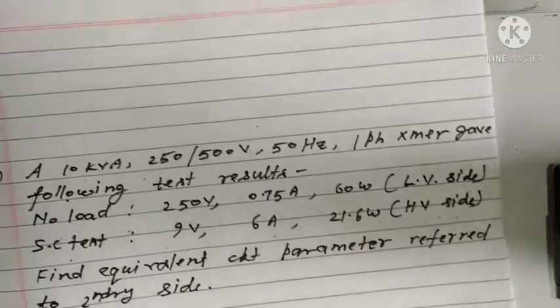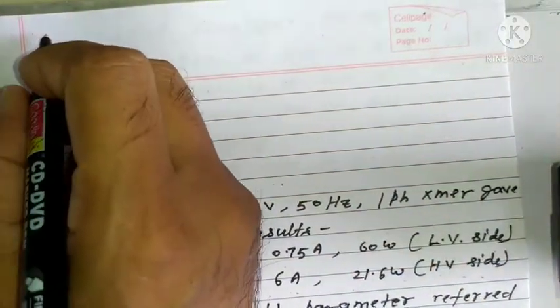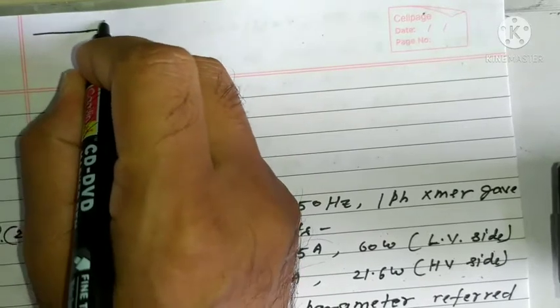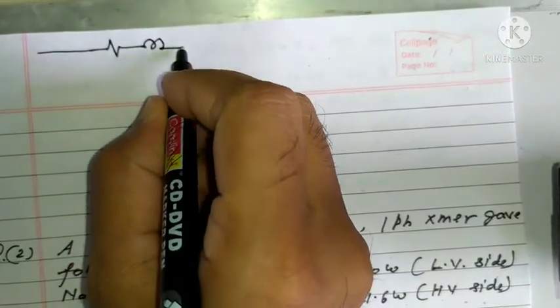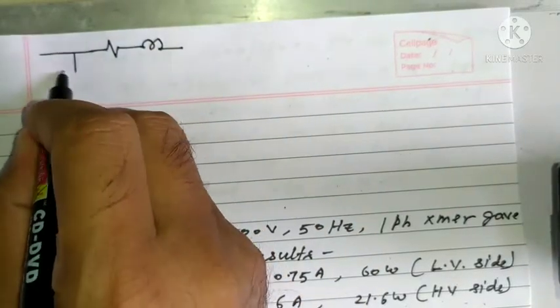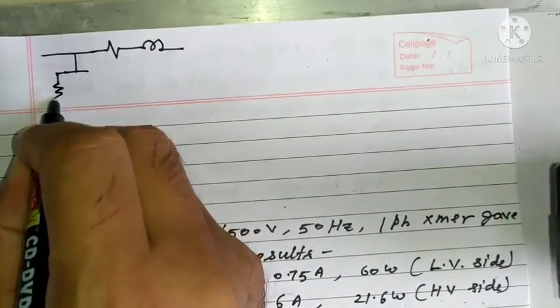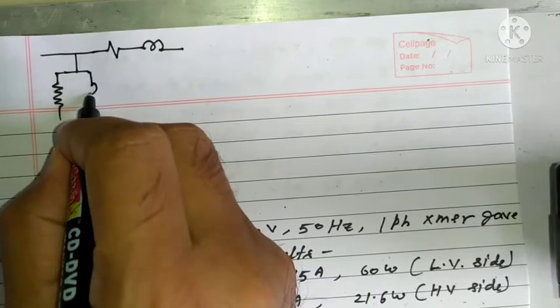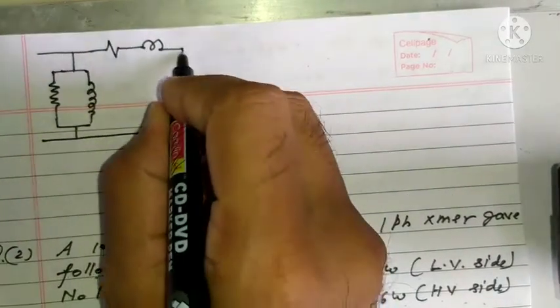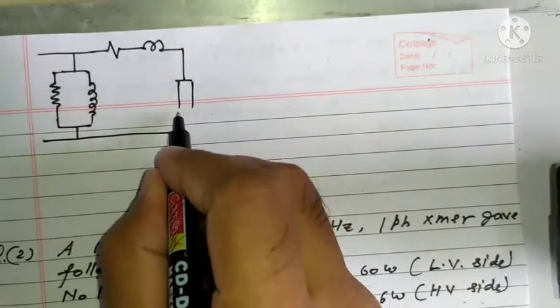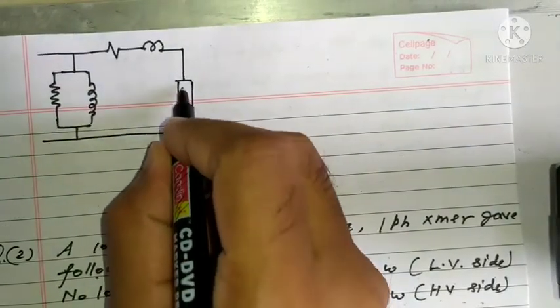So we got the circuit parameters, therefore the equivalent circuit can be drawn. This is the equivalent resistance and this is the equivalent leakage reactance, and we will have the exciting branch also. There is a load.